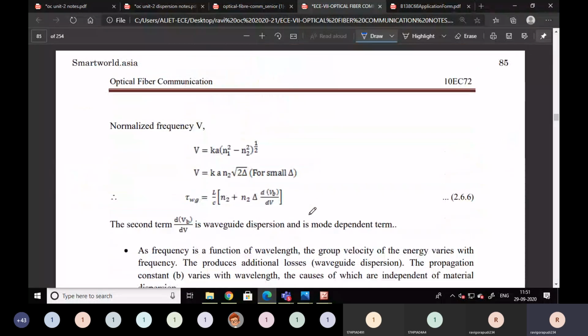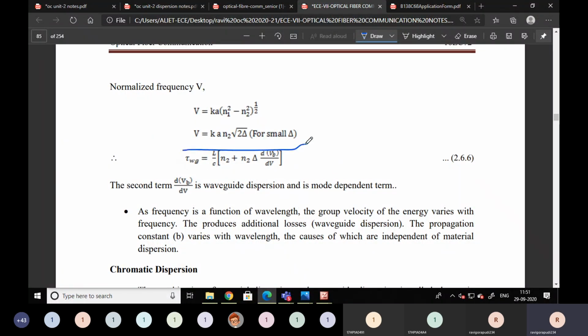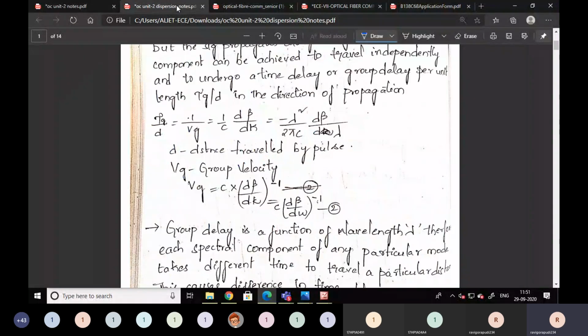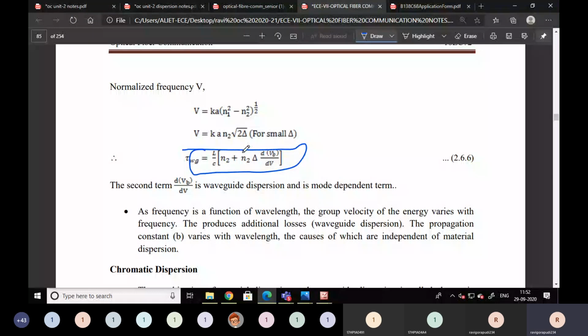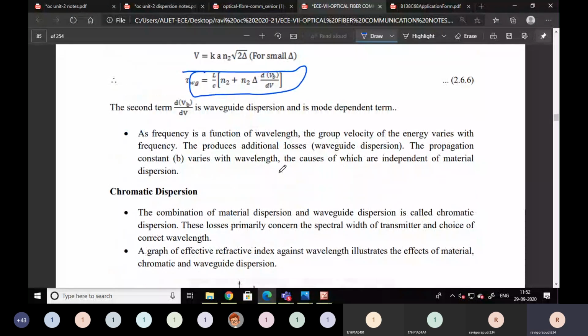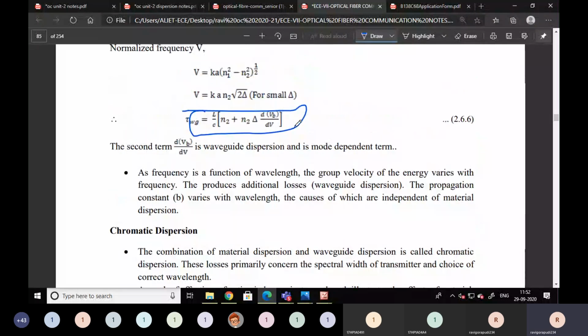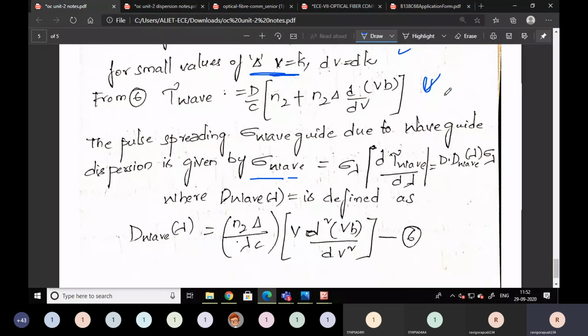But then we are checking here: tau g is d by c, n2 plus n2 delta d by dV of Vb. That is mentioned here, but he has not taken it as a waveguide parameter. So you have to read completely. Here some points are missing, that's why I can write completely. Up to here only they gave in some textbooks.